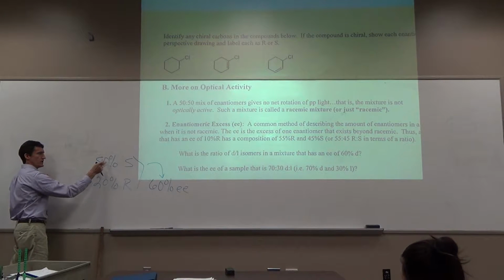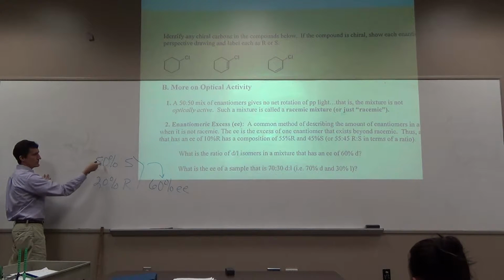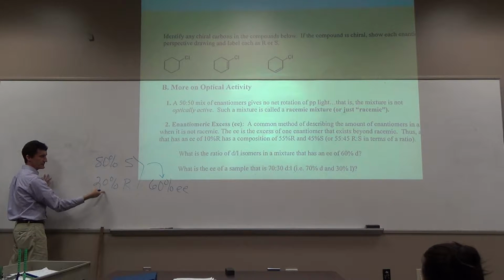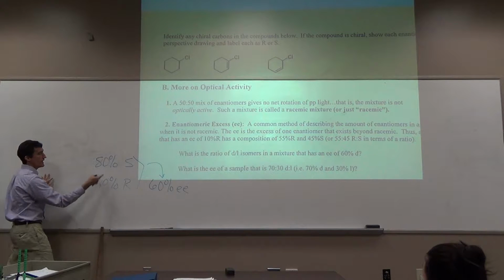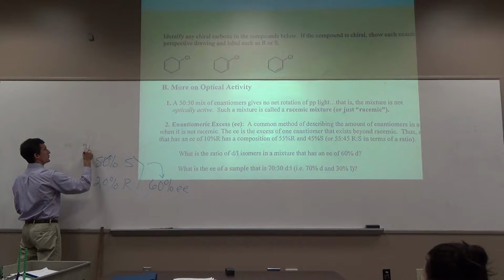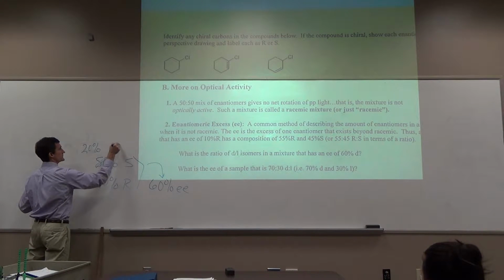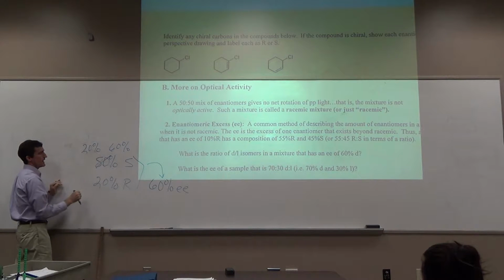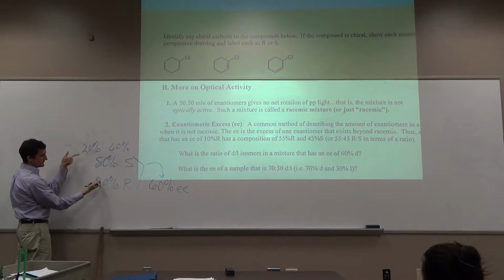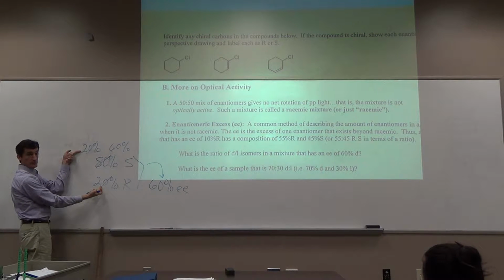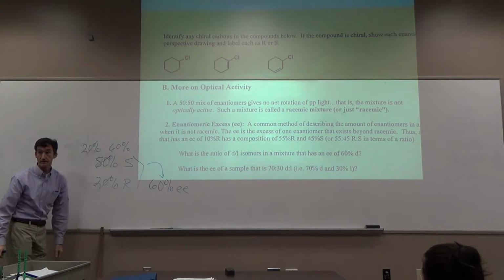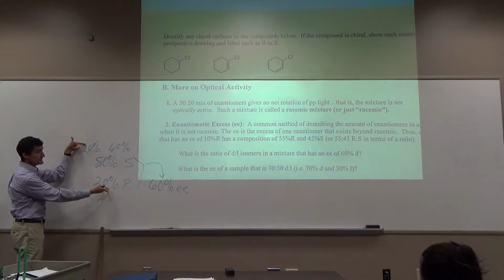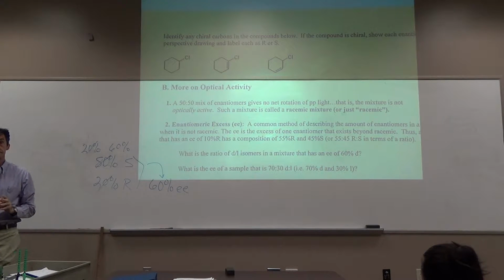If you took 20% of this to cancel 20% of that, you turn the 80 and 20 into 60% and 20%. Now 20 cancels 20. This is racemic. What are you left with? 60%. That's the EE. This is the amount beyond racemic.